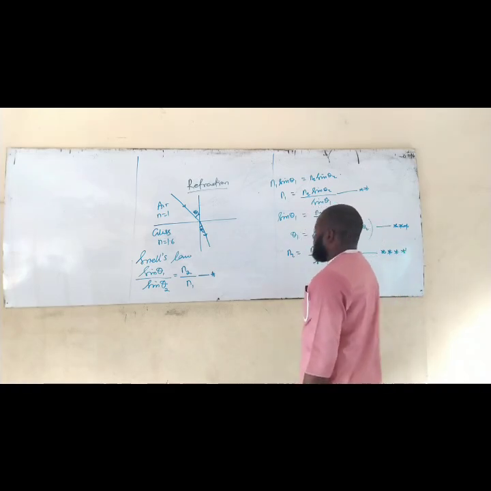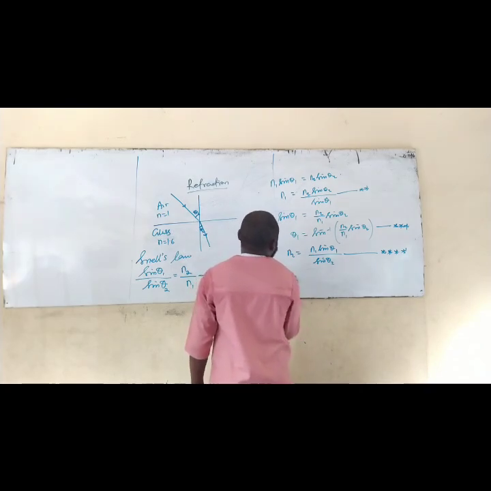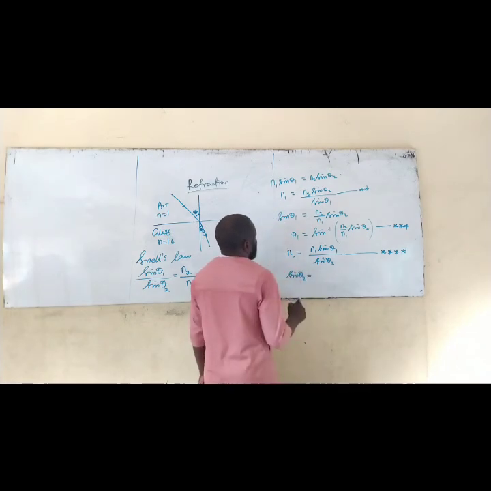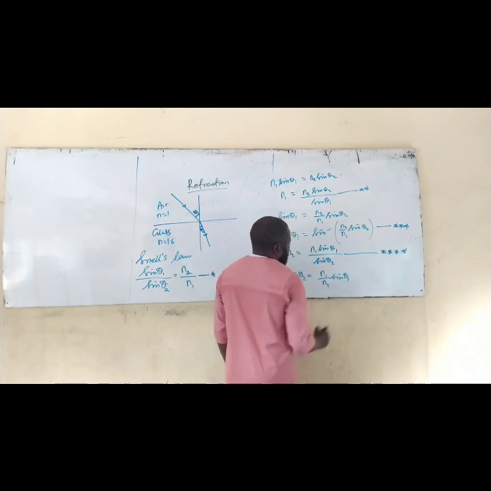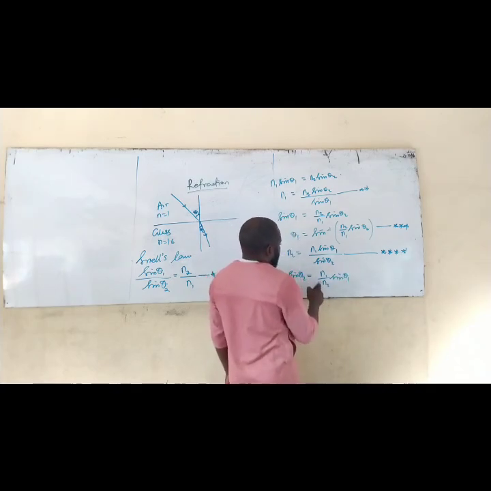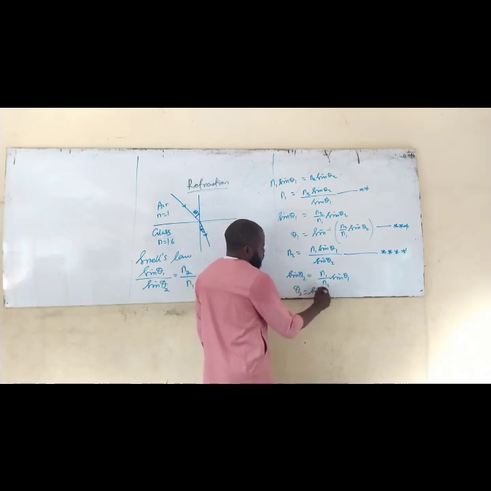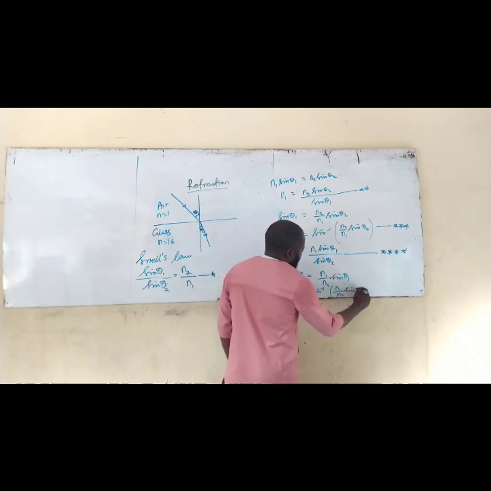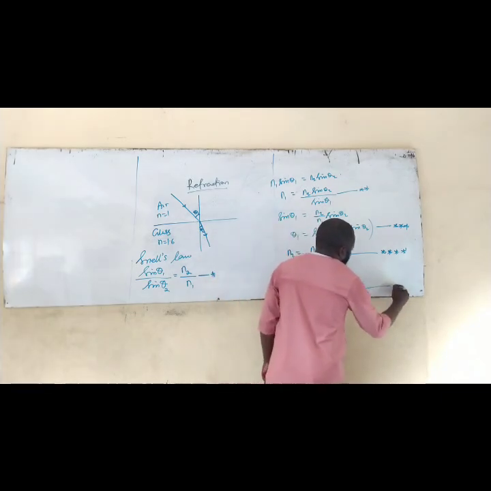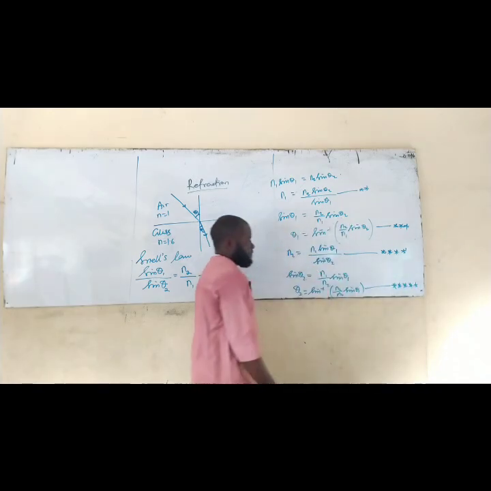And if I'm looking for theta 2, I can say that sine of theta 2 is equal to N1 over N2 sine of theta 1. So from here, if you take the arc sine, you have what? Theta 2 equal to arc sine of N1 over N2 sine of theta 1. And this should be star, star, star, star, star.